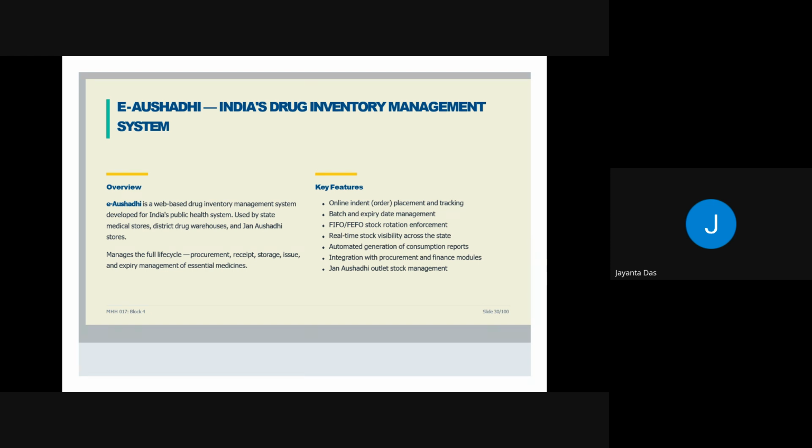And this e-Aushadhi, that web-based drug inventory management system, looks into all aspects of it. Key features are online indent, order placement and tracking, batch and expiry data management, where either FIFO or FEFO is enforced for stock rotation, real-time stock visibility across the state, automated generation of consumption reports, integration with procurement and finance modules, and Jan Aushadhi outlet stock management.